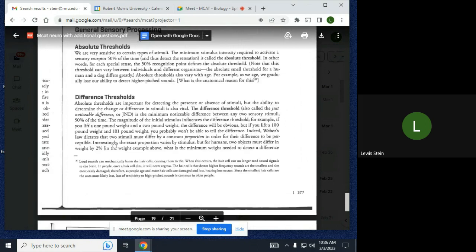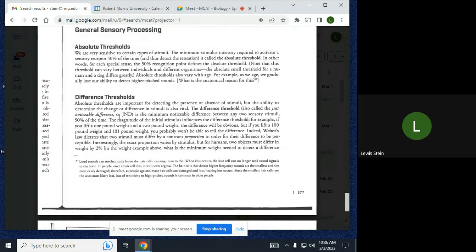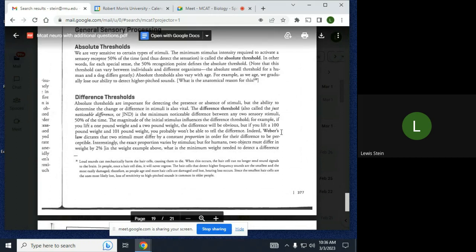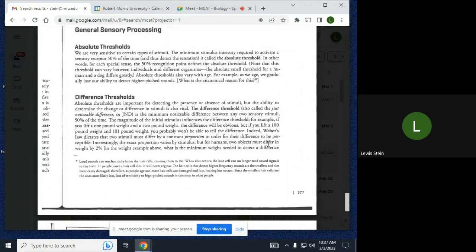And then the difference thresholds, what they call just noticeable. I thought this was interesting. So Weber's law dictates two stimuli must differ by a constant proportion. Interestingly, humans, two objects have to differ in weight by about 2%. So if I'm lifting something that's 1 pound or lifting something that's 2 pounds, I immediately know the difference.